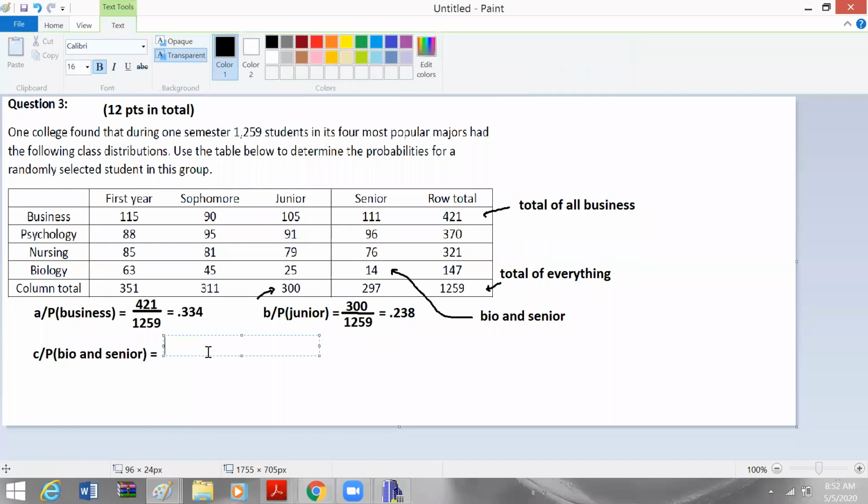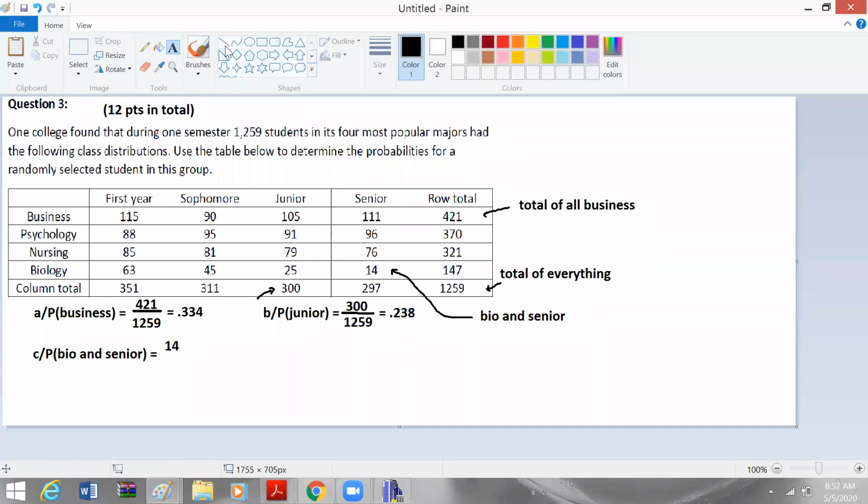So bio senior is 14, so we have 14 students. And then we divide it by 1259.